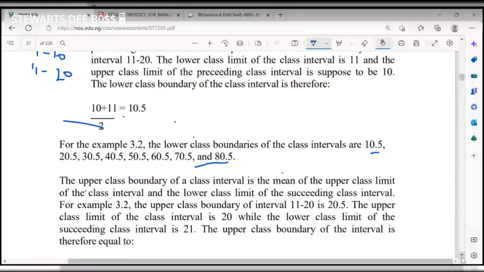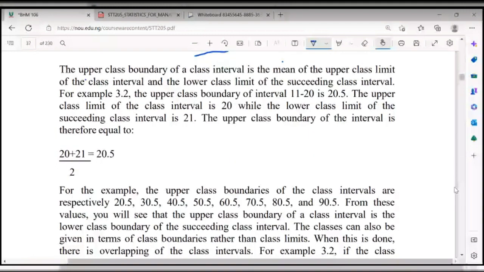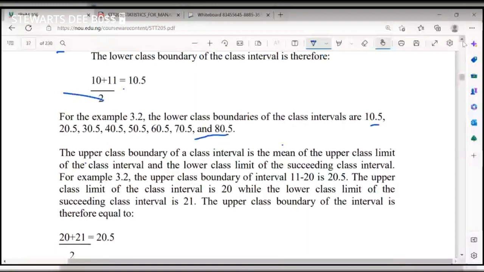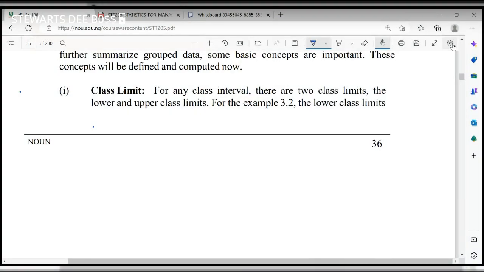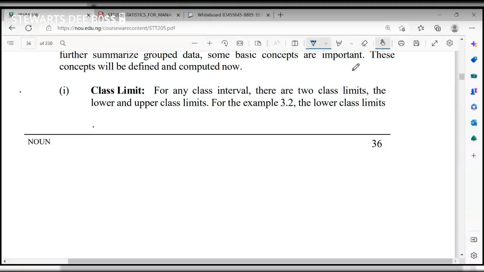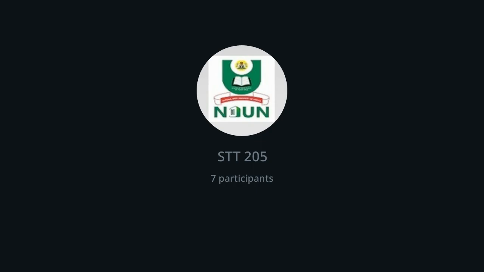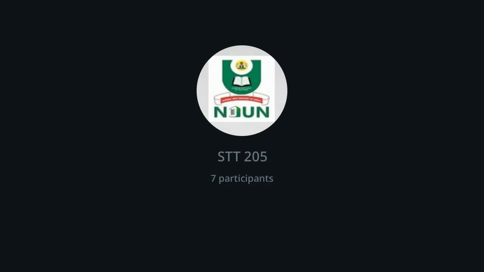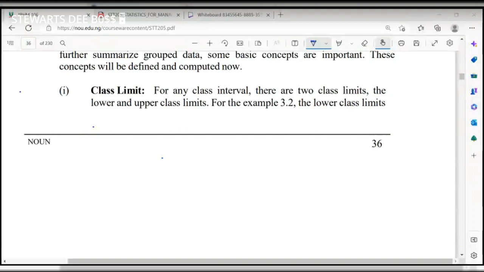Hold on, ma. We have class limit, we have class boundary. Class limit is different from class boundary.